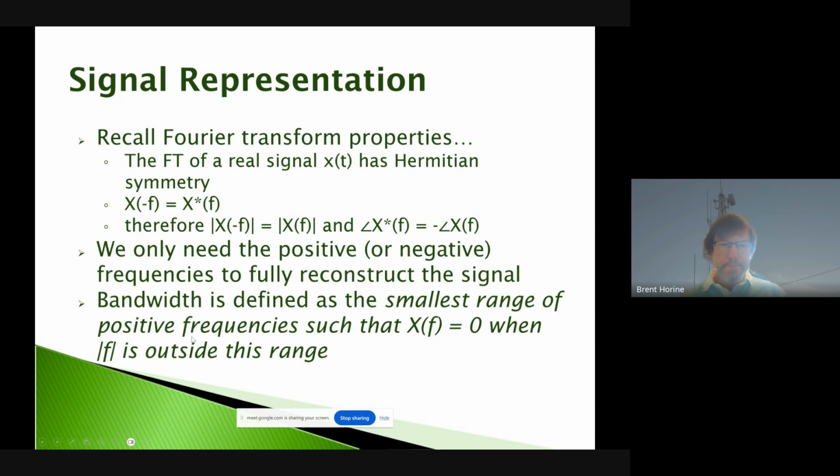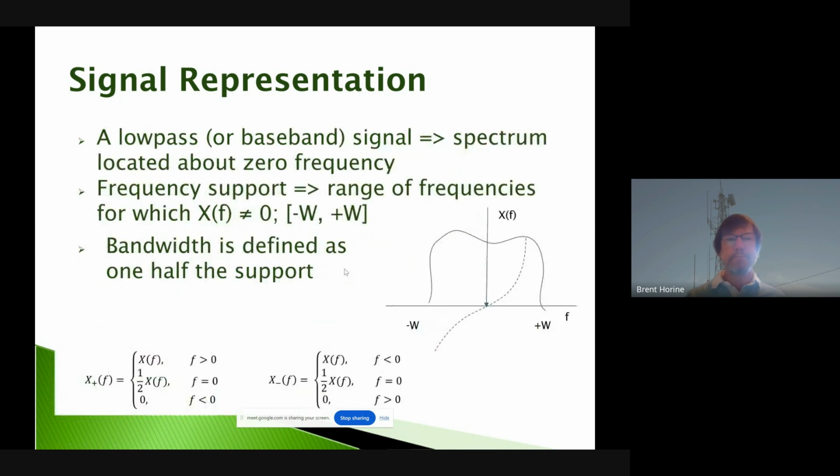So that means that there's some bounds to the response, and it's not going to go to infinity. There's some bounds to it, and we look at where that energy or amplitude goes to 0 in the frequency domain, and that frequency represents the bandwidth of our signal.